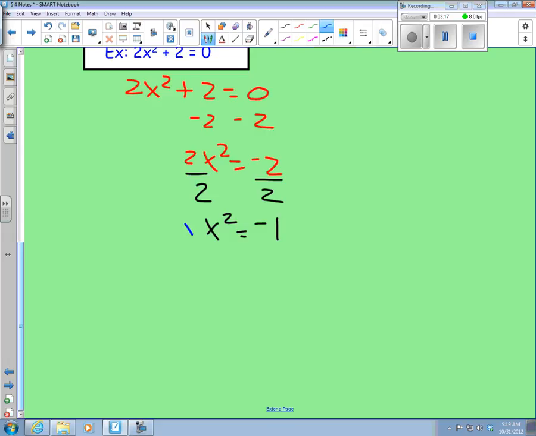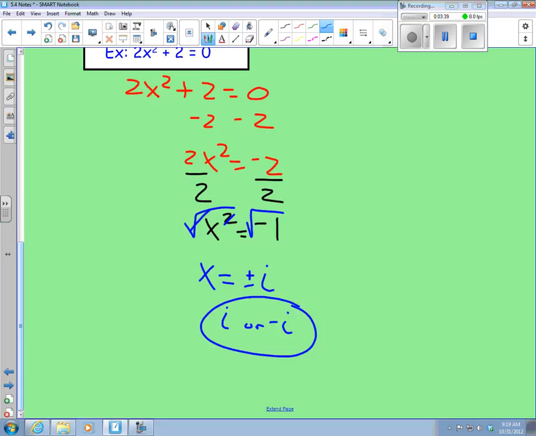We're going to take the square root. That's the opposite of squaring something, so these cancel each other out. Square root of this side, and I get x equals. Now, when you take the square root of a square, you have two answers, plus or minus, and this is now going to become i. Square root of negative 1 is i. So x equals i, or negative i in this case. Those are my two answers with the plus or the minus.